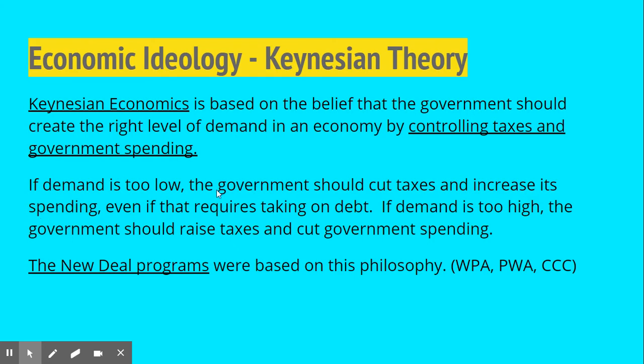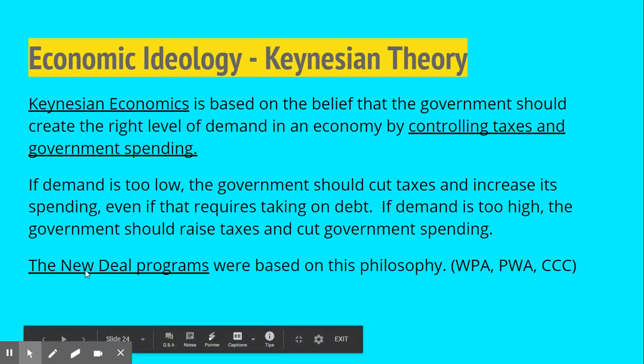So if demand is too low, the government should inject money into the economy that in turn creates a snowball effect where the people will get more money through jobs and things like that, and in turn contribute then again to the tax intake. Okay, so that's that government taxing and spending.